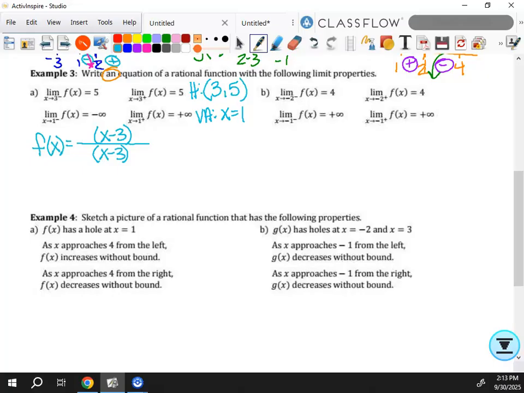And then if I have a vertical asymptote at x equals 1, then I have to have a factor of x minus 1 in the denominator. Okay, do we agree with that much? So we're just kind of working backwards.